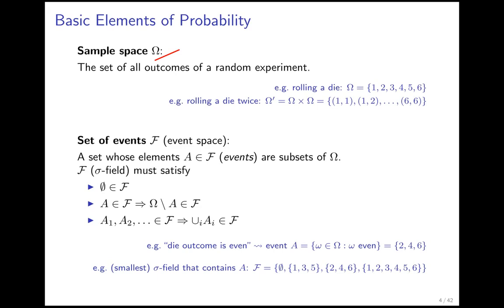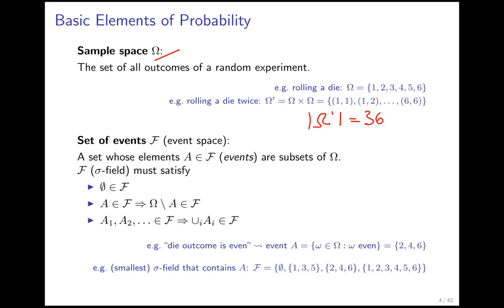But you could also think of a setting where you roll the die twice, and then if you care about the order, you get the following set of outcomes, namely omega prime, which is the set product of omega with itself. So it's all tuples with two numbers from 1 to 6. So actually what we have is that omega prime has 36 elements.